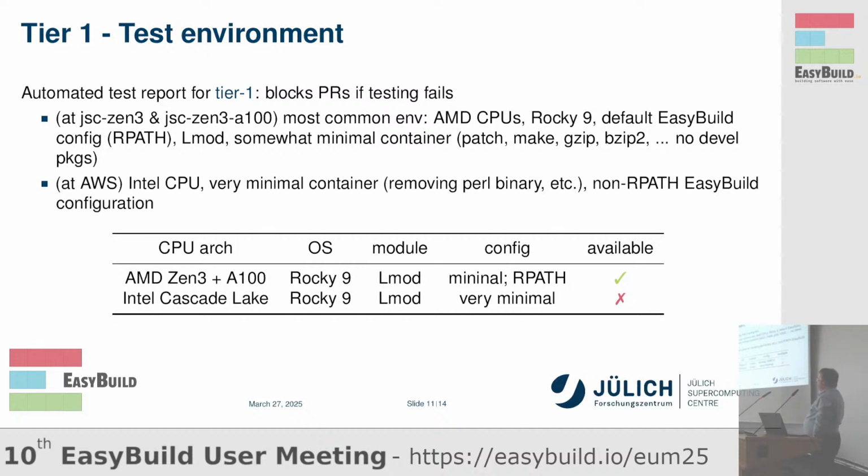We have discussed that it would be nice to have different tiers. So here is tier 1. Tier 1 means that if a test fails, this will block the PR. And these are the most common environments. So we think that it makes sense to have two. One is the current one that we have, the Jsc-Zen3 100.